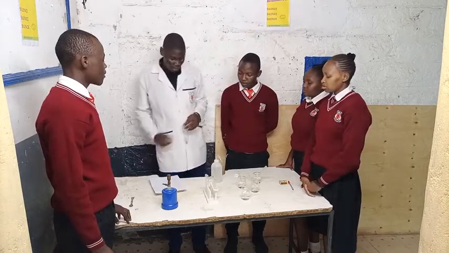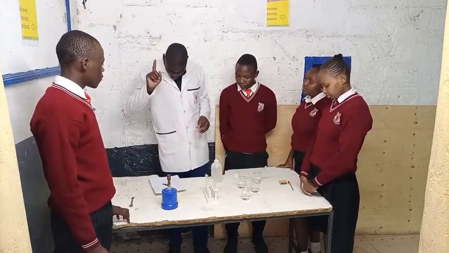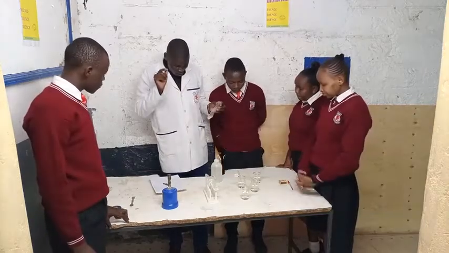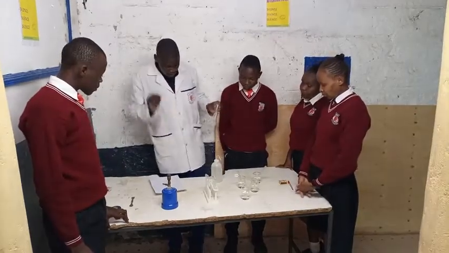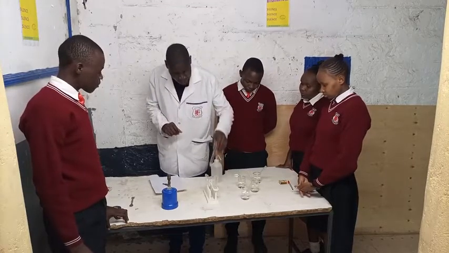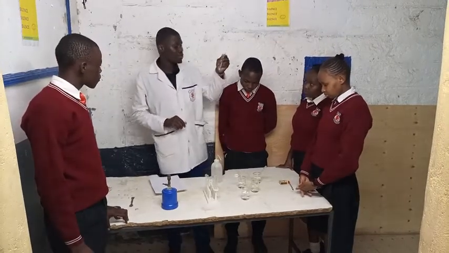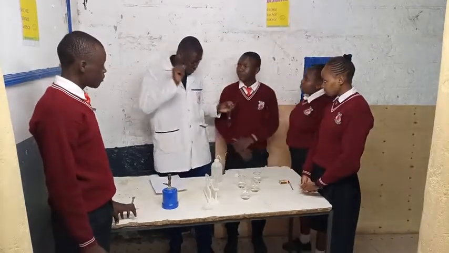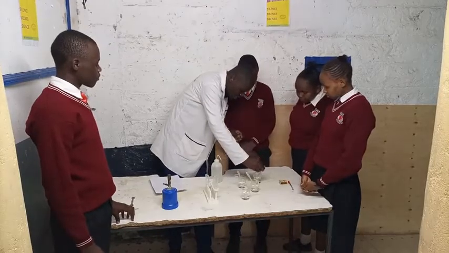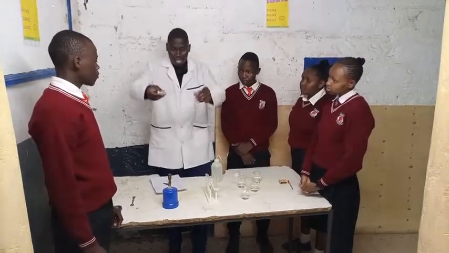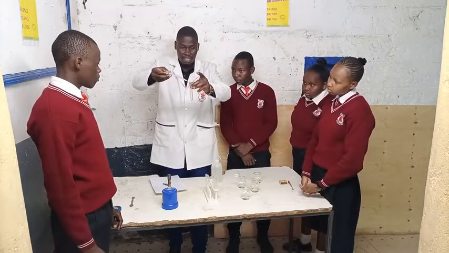Now, we have divided it into four portions. For the first portion, we are told to add ammonia solution dropwise until in excess. So I want us to add aqueous ammonia dropwise and see what is happening. This is how we add drops.